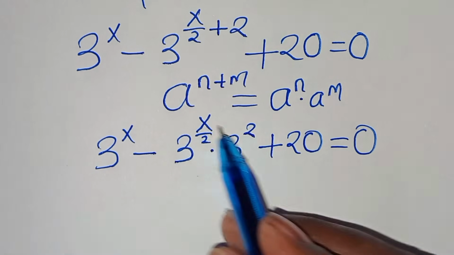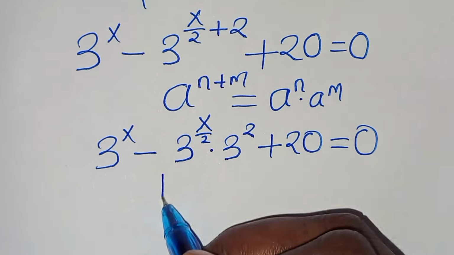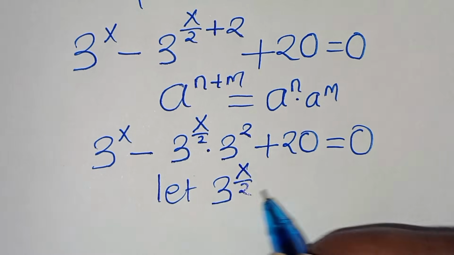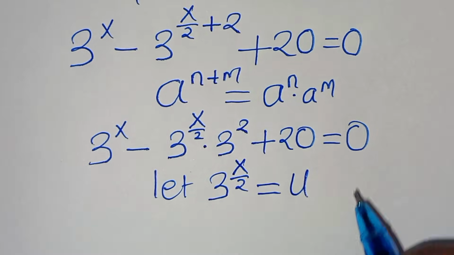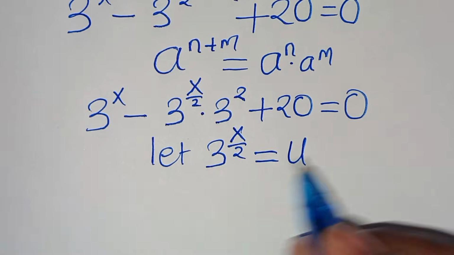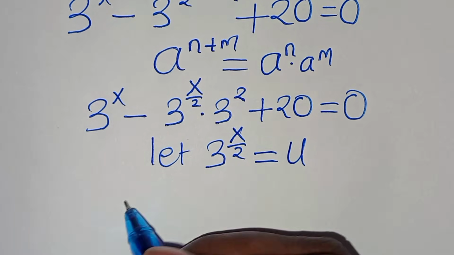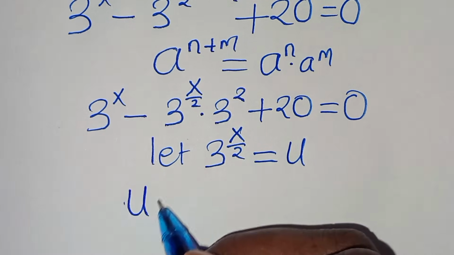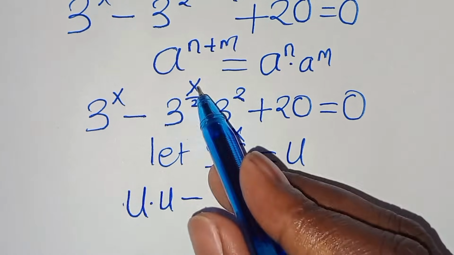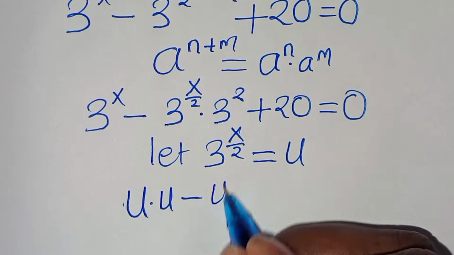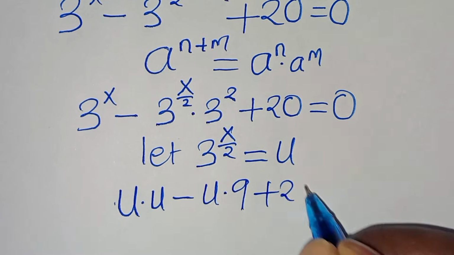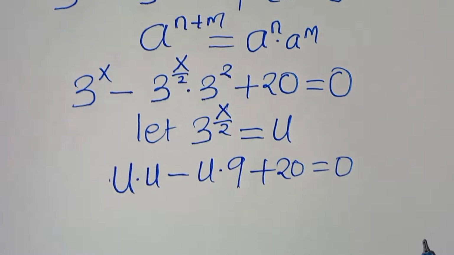Now, in this case, we can let 3 raised to the power of x over 2 be equal to u. From what we have here, 3 to the power of x is the same thing as u times u, minus 3 to the power of x over 2, which is u, times 3 squared, which is 9, then plus 20, is equal to 0.